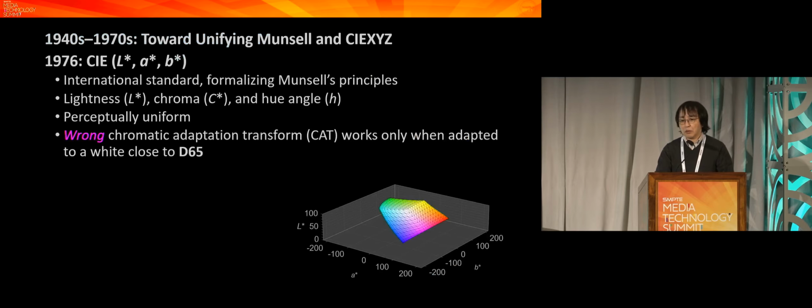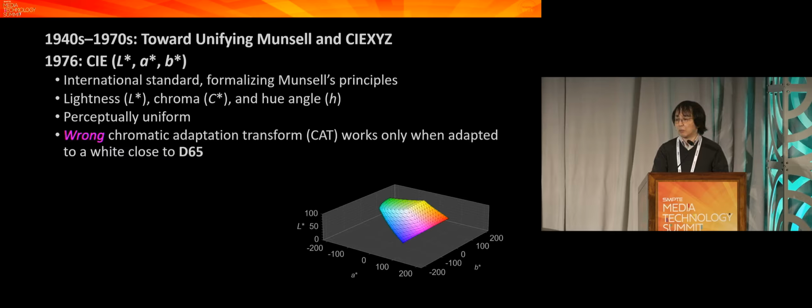So from the 1940s to the 1970s, many efforts were made to bridge the gap between the uniform Munsell space and the CIE's colorimetric space. And in 1976, CIELAB was standardized.